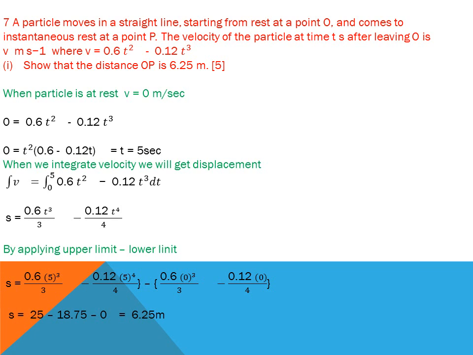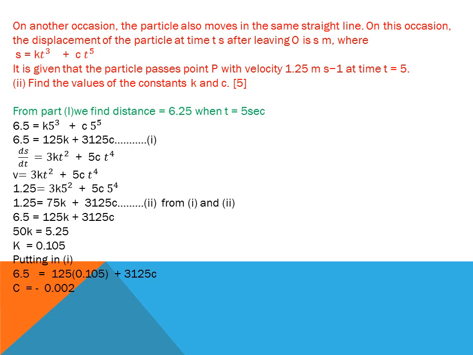Only for explaining, I apply the upper limit: 0.6 into 5 cubed over 3, and 0.12 into 5 to the power 4 over 4. When we simplify this, s is equal to 25 minus 18.75, so we find the required answer, 6.25 meters.